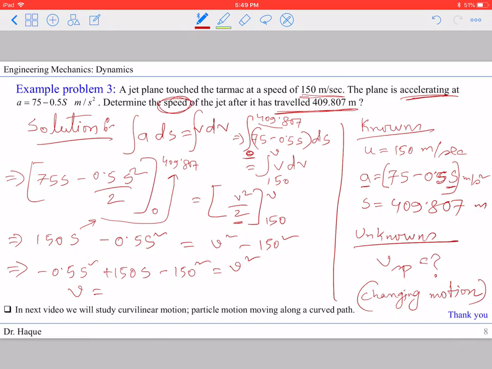Let me find it. If we plug the values in the calculator: 0.5 into s, which is 409.807 whole squared, plus 150 multiplied by 409.807, plus 150 whole squared. Okay, this will be plus, because if it goes to the other side, it will be positive.